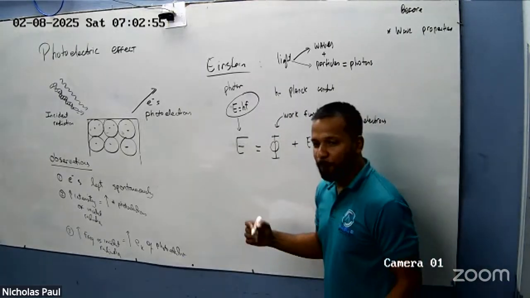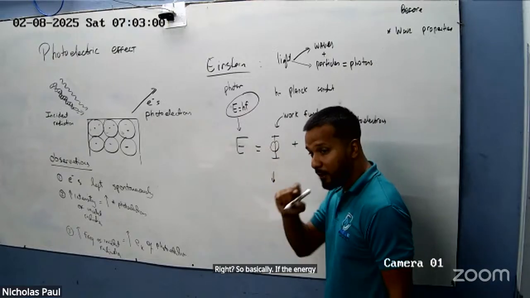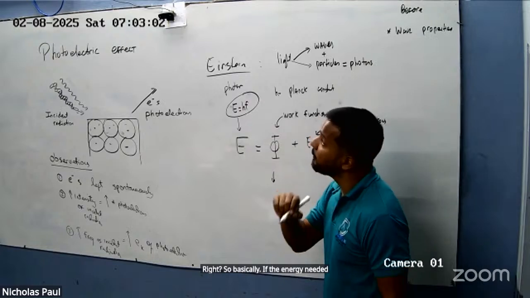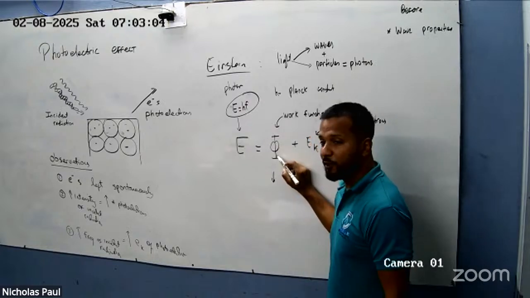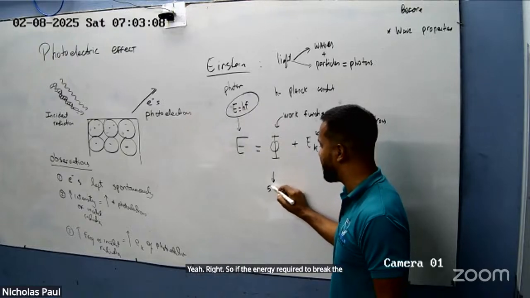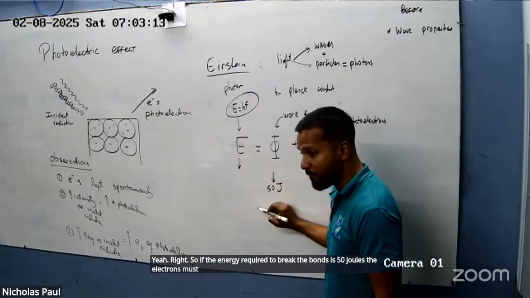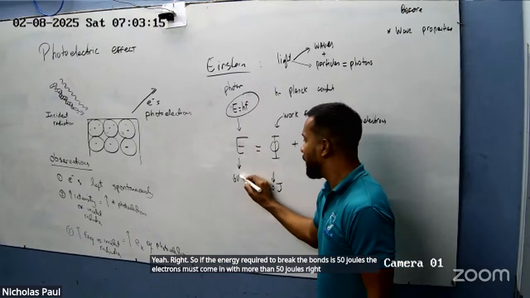Right? So basically, if the energy required to break the bonds is 50 joules, the electrons must come in with more than 50 joules, right? That's okay?